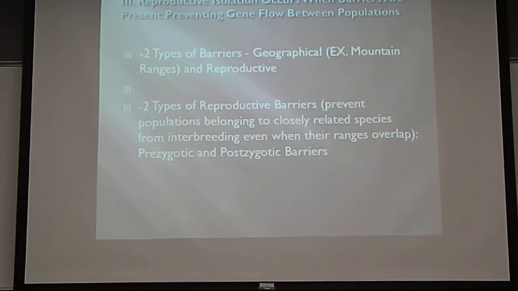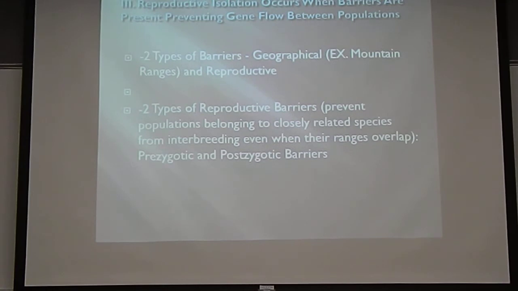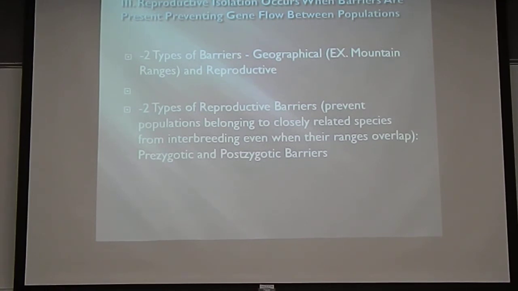So there are geographical barriers, but there are also reproductive barriers. Geographical barriers would be mountain ranges, oceans, etc. But there are reproductive barriers as well that prevent gene flow from occurring between populations.